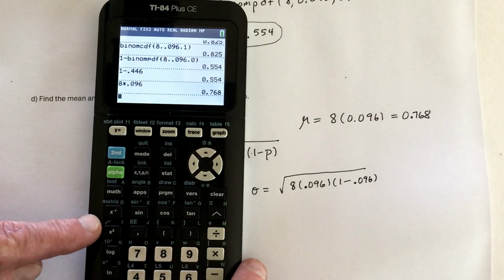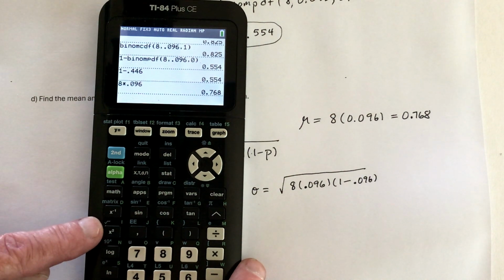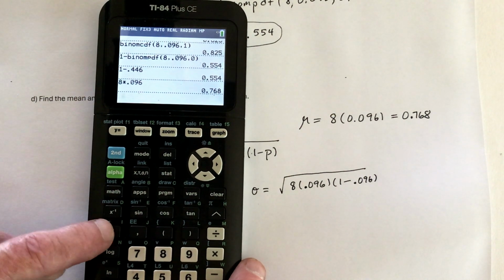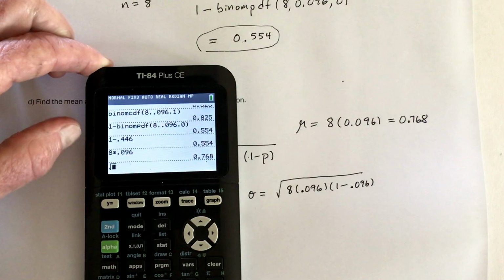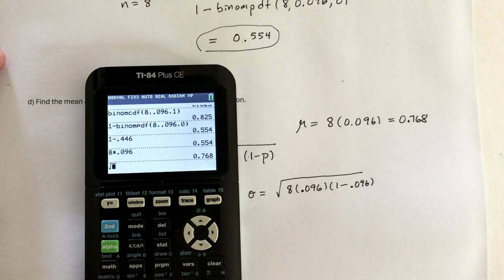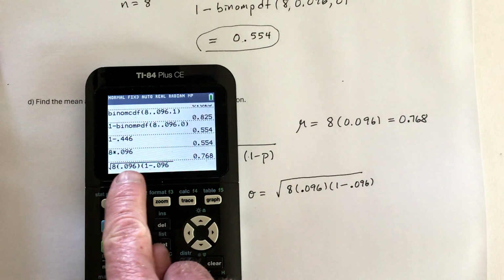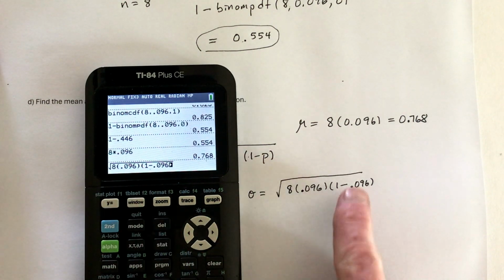So we haven't done square root for a little while. Remember, it's over here. You need to put second square root, and then basically type it in exactly as it looks. So 8 parentheses 0.096, and then parenthesis close and parenthesis open, 1 minus 0.096, and the square root is going across the whole thing just like it's supposed to.